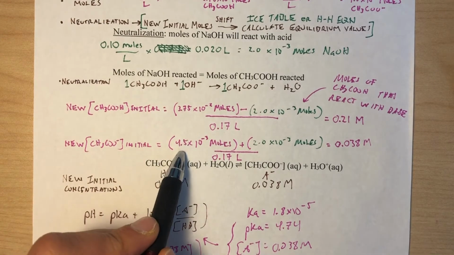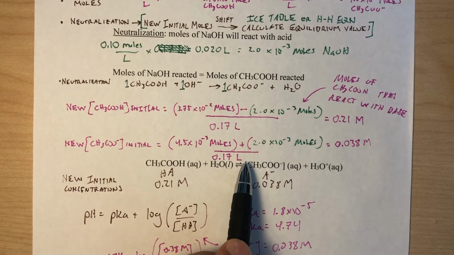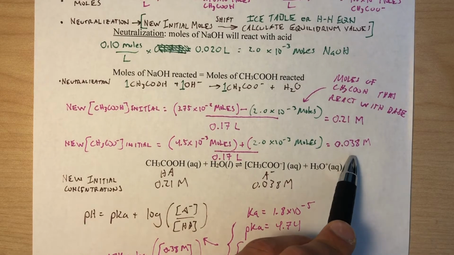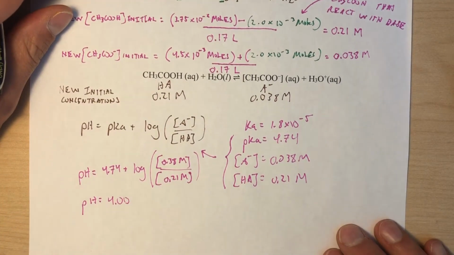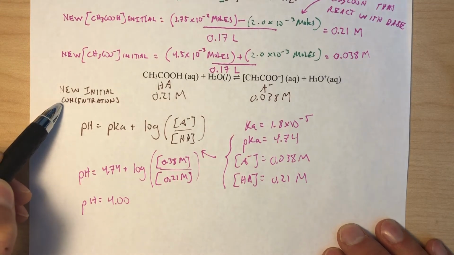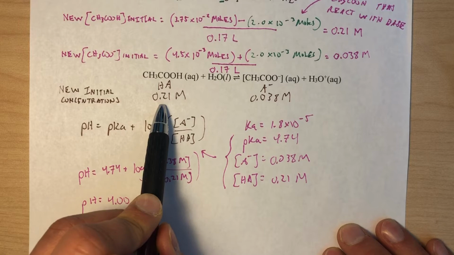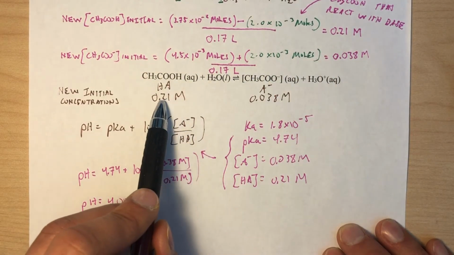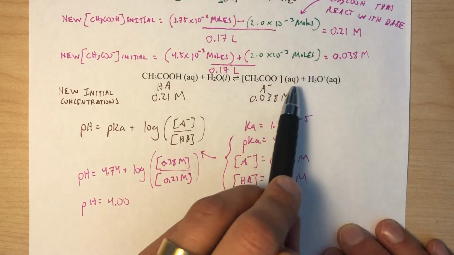So if we take 4.5 times 10 to the negative third moles, add 2 times 10 to the negative third moles, and then divide by 0.17 liters, we get a new initial concentration of 0.038 molar. So what do I mean by new initial? Now that the neutralization reaction has occurred, we can do either an ICE table or the Henderson-Hasselbalch equation, because we now have new initial values for our acid HA, which is 0.21 molar, and for acetate, 0.038 molar, which we just calculated.